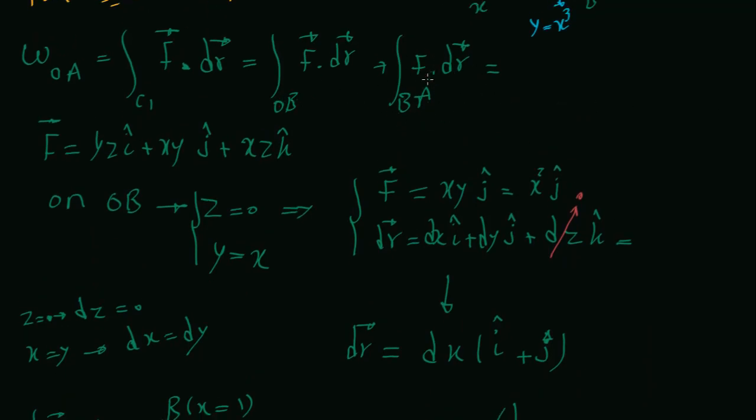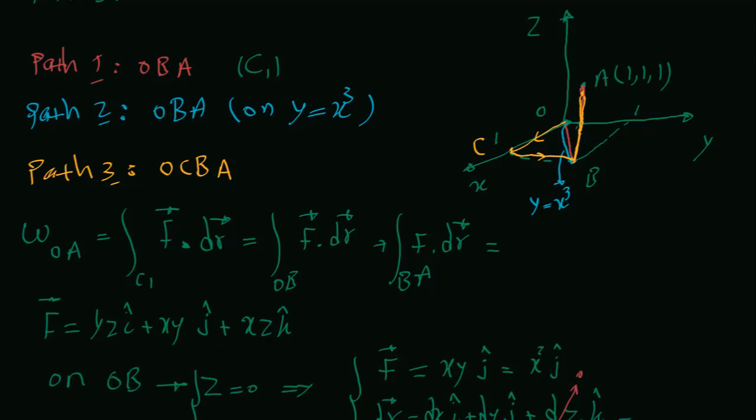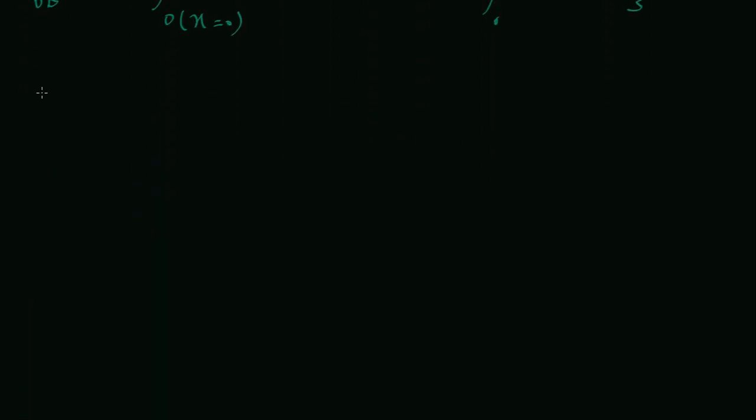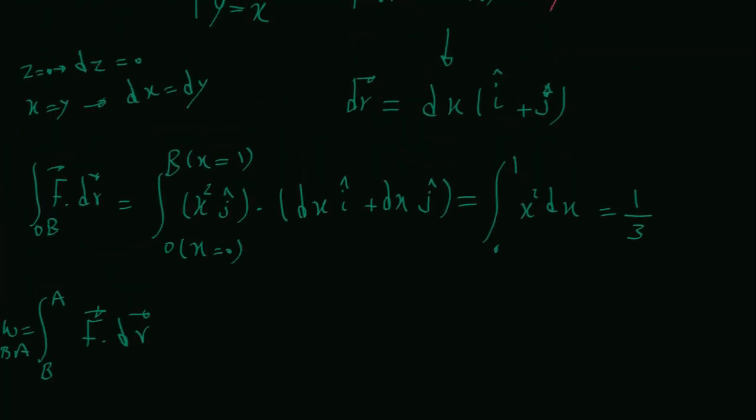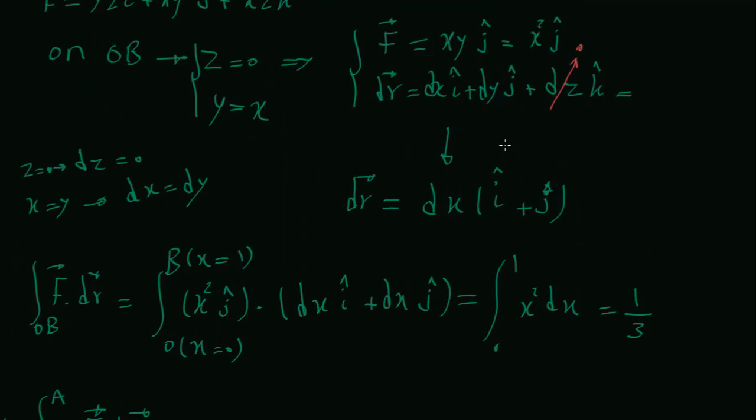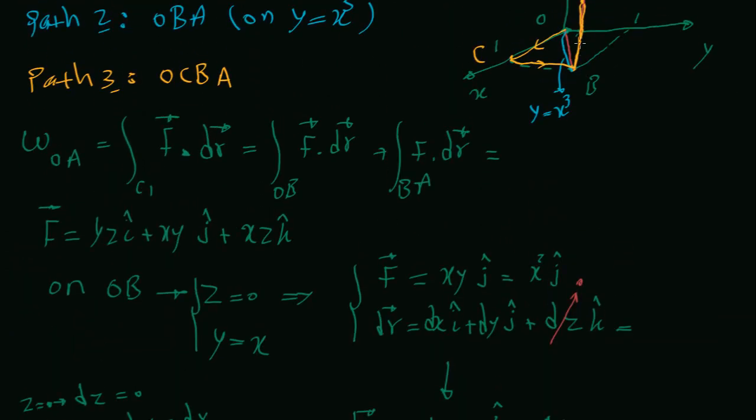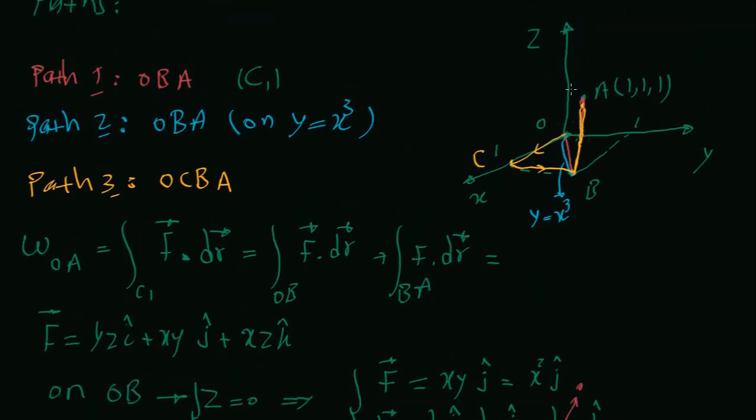Let's now calculate the second part, which is F dot dr from point B in the xy plane to point A. So W on BA is equal to F dot dr. Again, we have to parameterize or rewrite our force and also the displacement for that path from B to A. You can see that this curve can be written parametrically with x equal to 1.